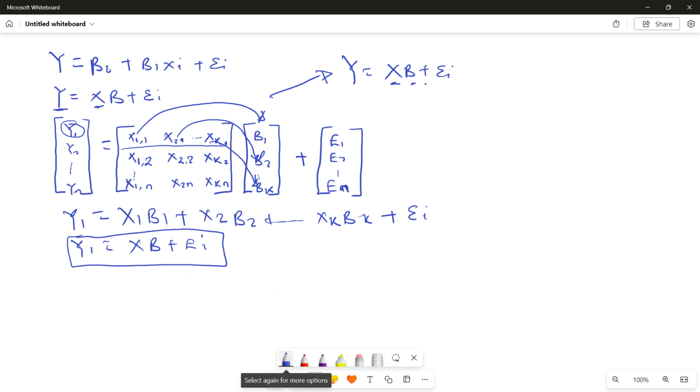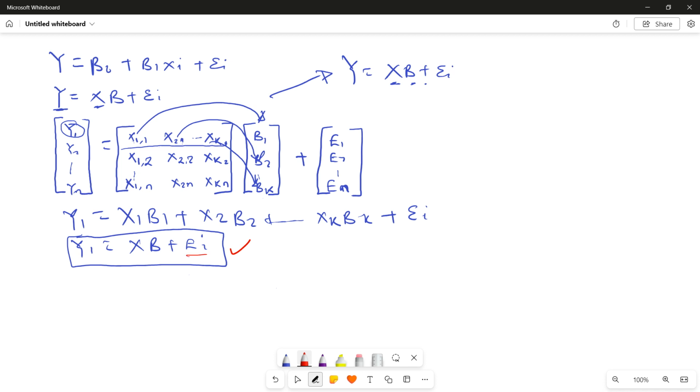So now we are saying that we are going to work with this model here, y is equal to xb plus the error term, where y is a vector containing the dependent variables. Then x is going to be a matrix containing all the explanatory variables, and the beta is going to be a vector containing all the betas.